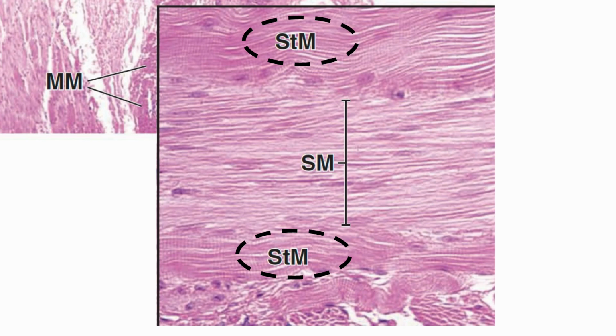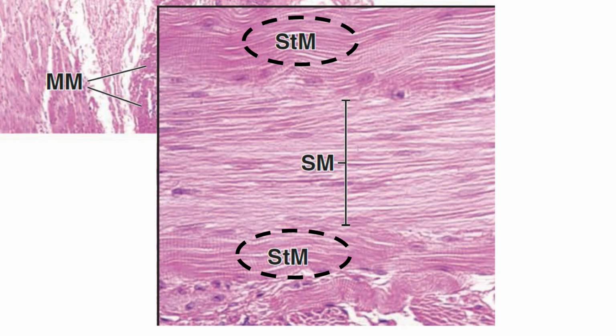Above and below this, few elongated nuclei are present. Moreover, they are largely at the periphery of the bundles. This is striated muscle. The cross striations are just perceptible in some areas. If you focus over here, on these areas, you can identify the cross striations.